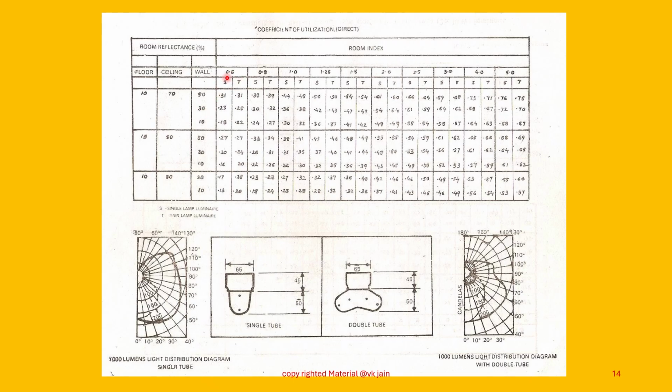And if we have already calculated room index, in this column, this row from 0.6 to 5.0. So you can calculate if suppose your floor is 10%, ceiling is 50%, and suppose we take wall coefficient 30 and suppose the room index is 2.